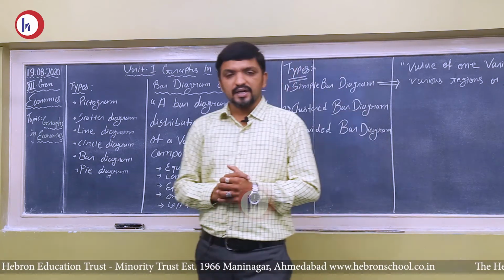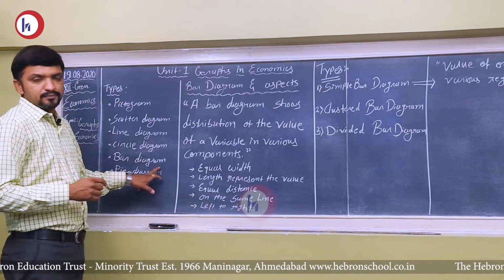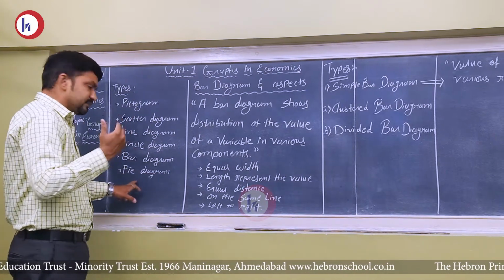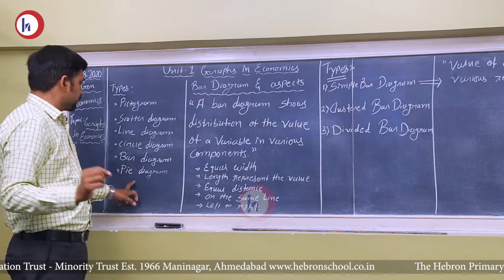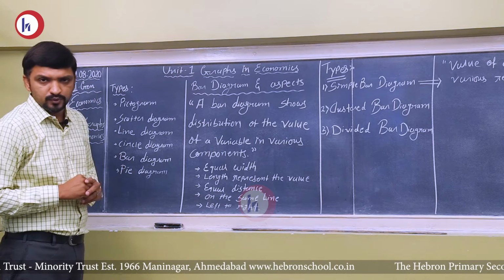So let us start with the study of bar diagram. We'll complete the bar diagram first, then we'll start with the pie diagram, and at last a simple question of line diagram we'll see. Only one question is given in your textbook.